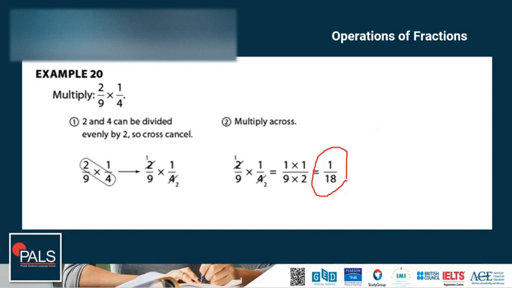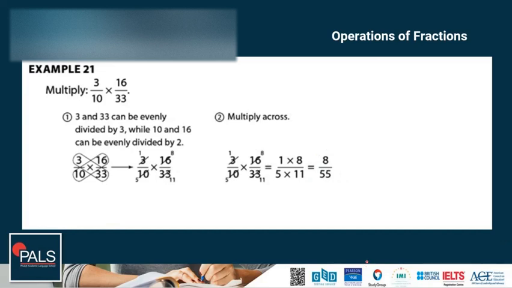Let's see another example. Example 21. Multiply 3 over 10 times 16 over 33. Again, look at the fractions that you are multiplying. See if you can cancel out.